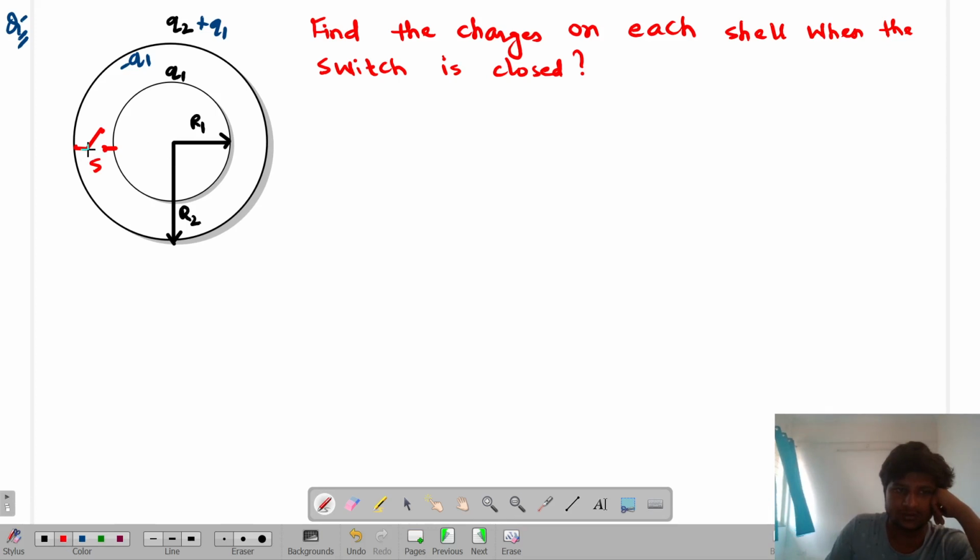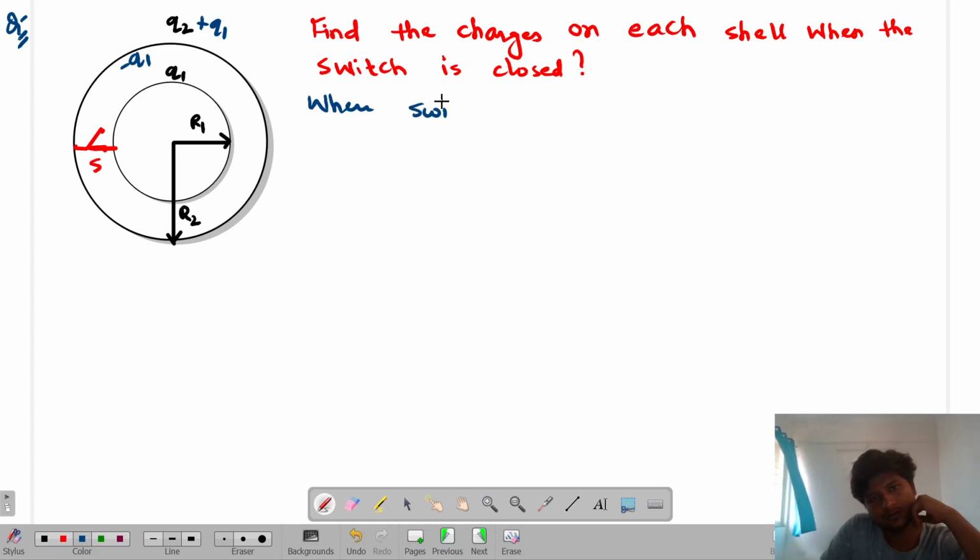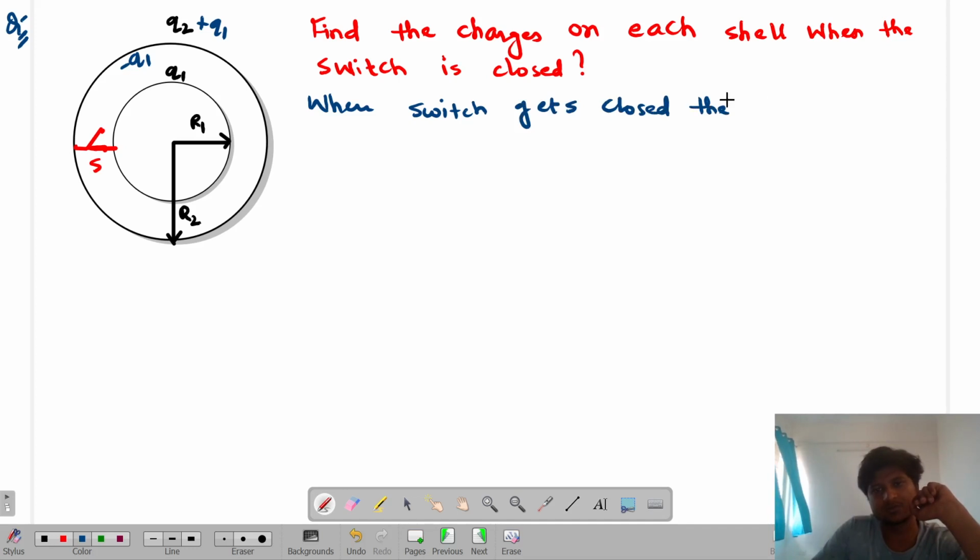And after the switch is closed, when the switch is getting closed, the charge distribution will start.